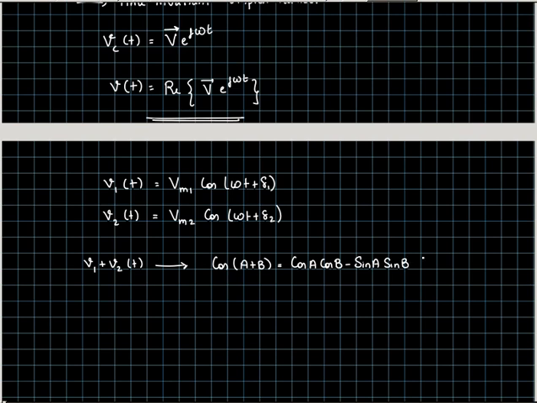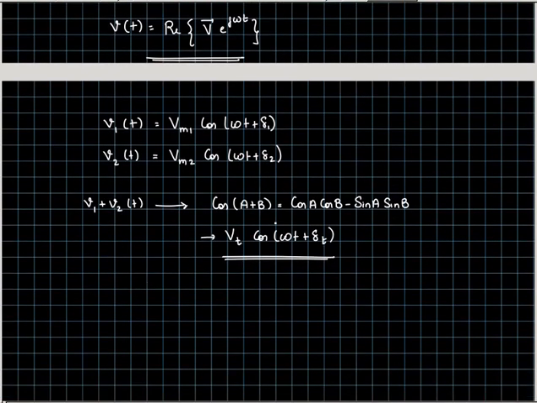Then you expand these brackets and collect the terms containing cos omega t, and you will get a relation similar to the right hand side of this equation. Then you transform it back to the form cos(a plus b), and ultimately you will get a result in the form Vt cos(omega t plus delta t). So, this may be the result you get by the direct method using trigonometric formulas.